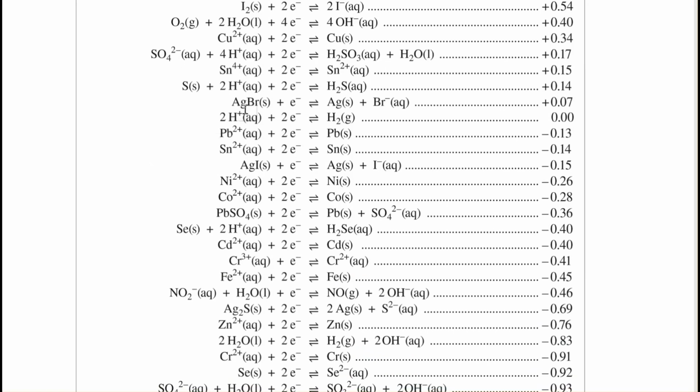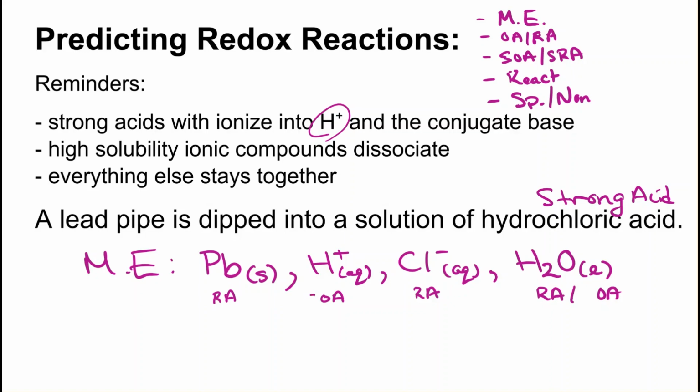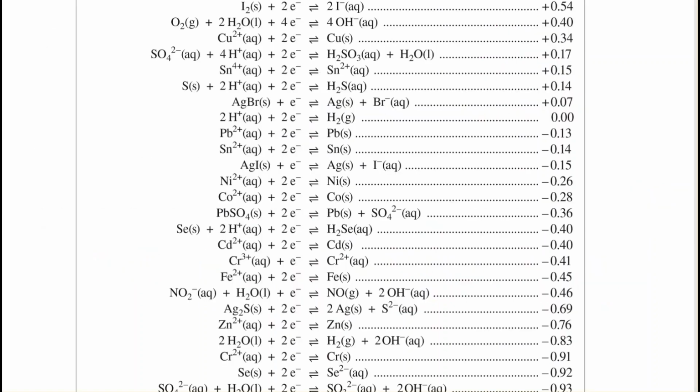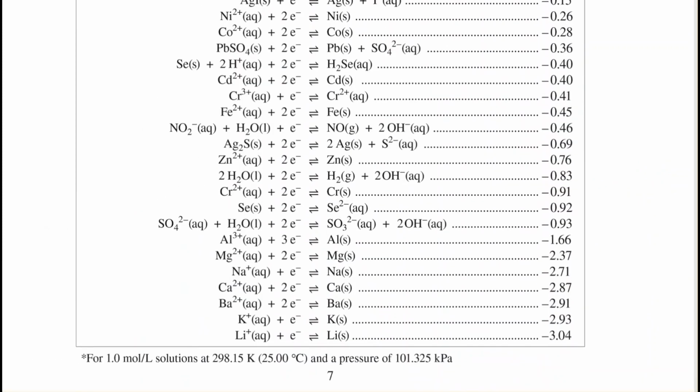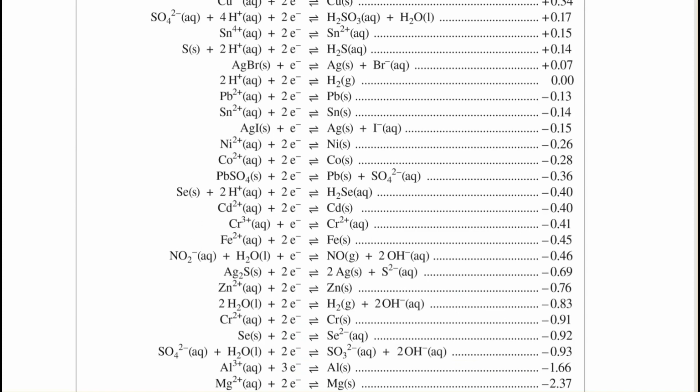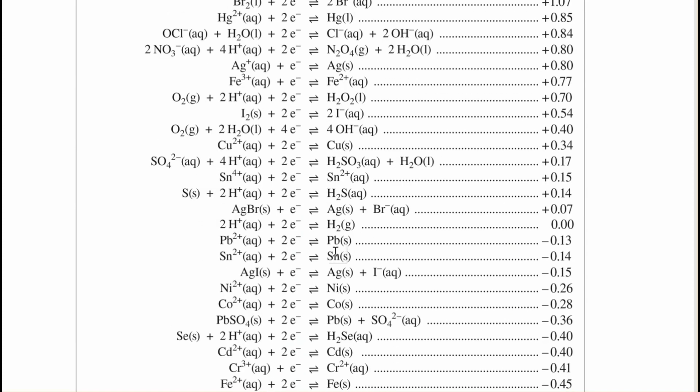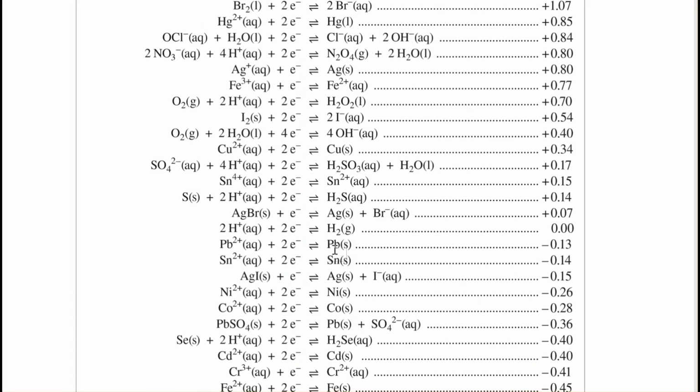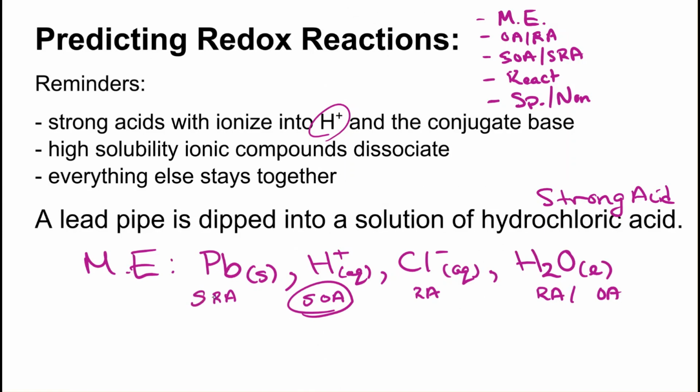So we've got hydrogen ions. That's our strongest oxidizing agent. And then let's look for the reducing agents down at the bottom. No. I see lead, but it's lead and sulfate together. No. Yes. So the Pb solid, that's our strongest reducing agent.